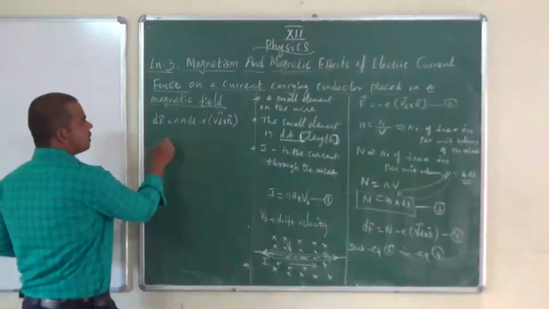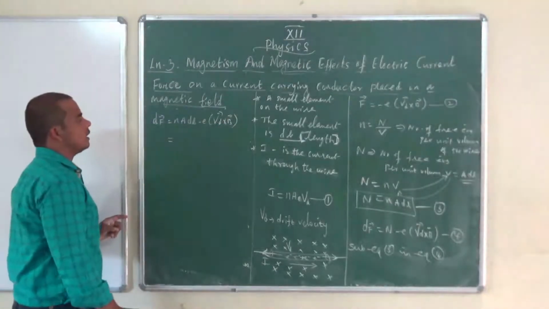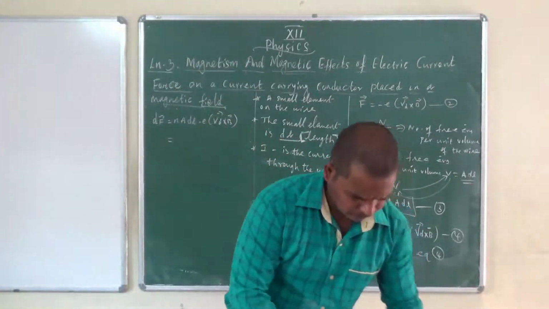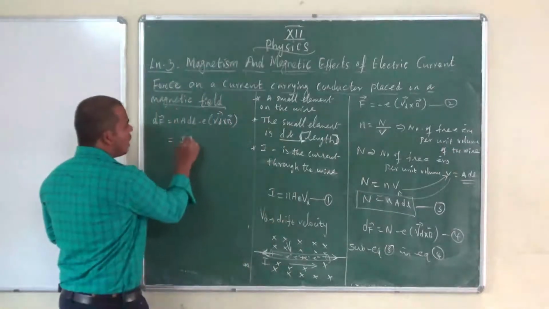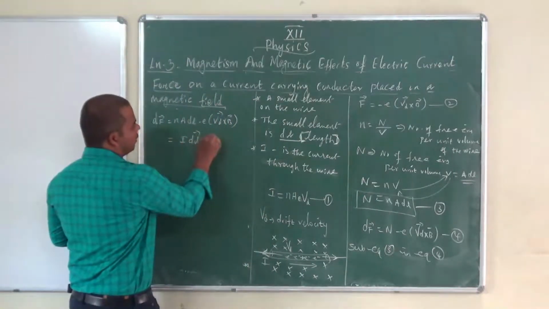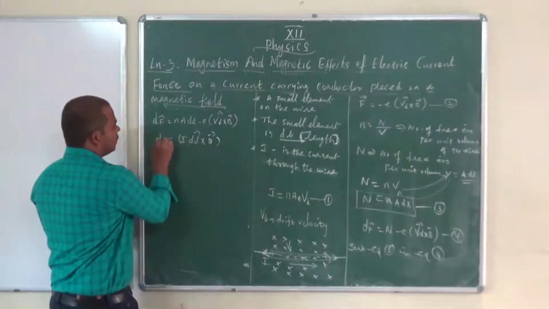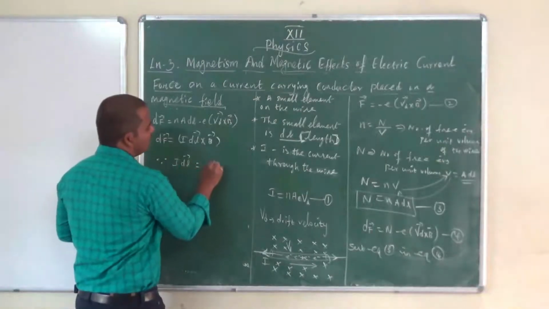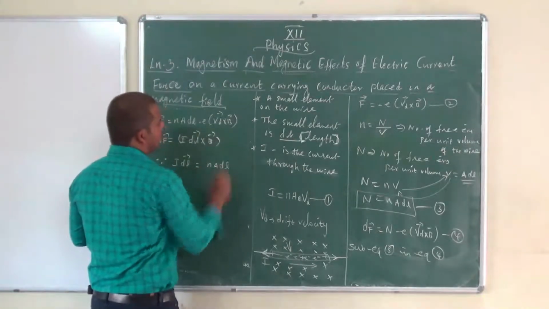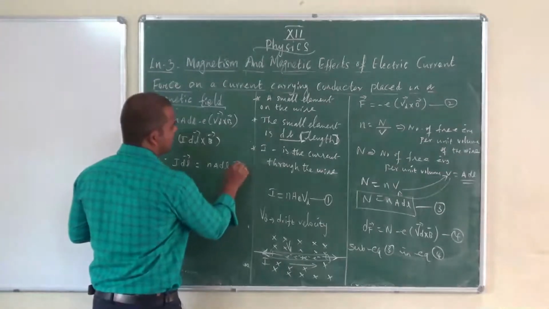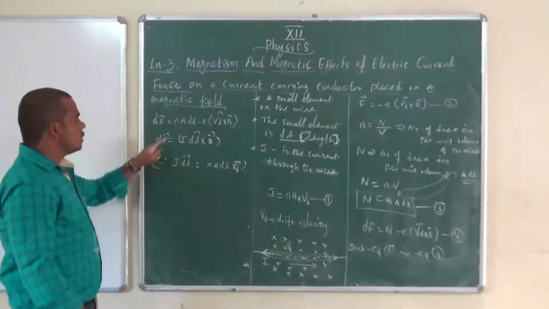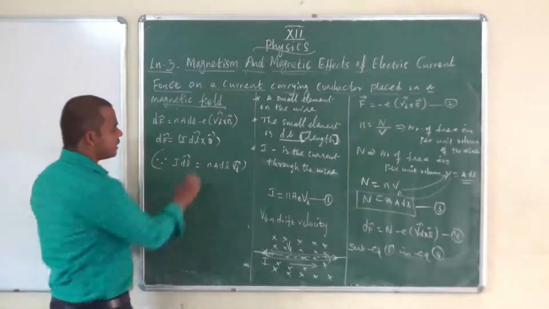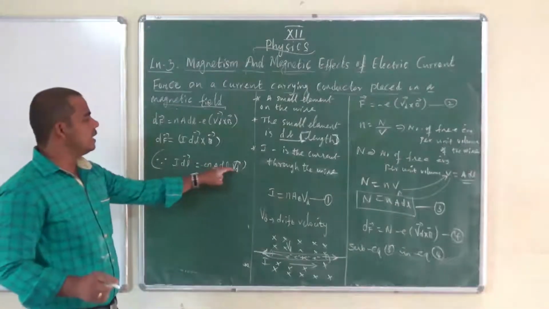In this equation I want to write it like this: I dl into B vector. The reason is that I dl vector equals n A dl Vd, so I dl is nothing but minus e n A dl into Vd.